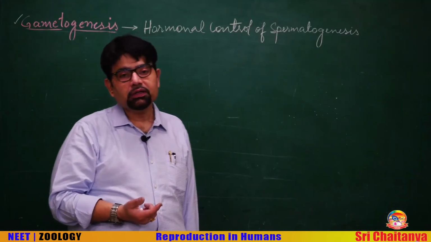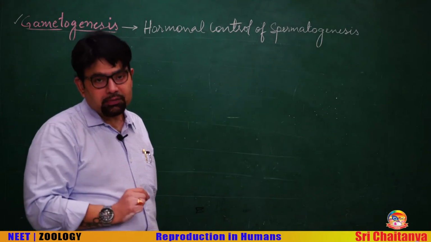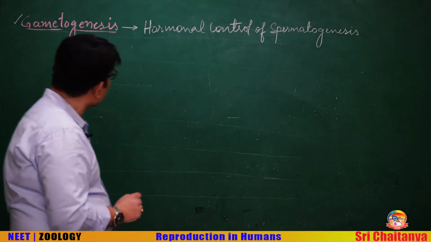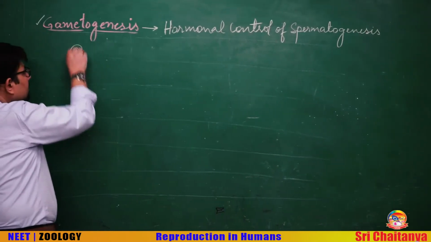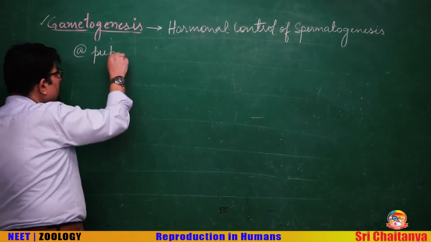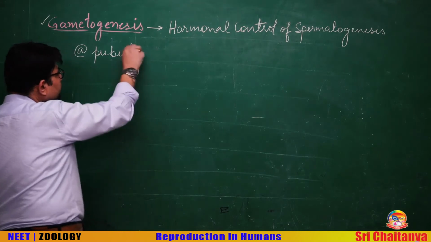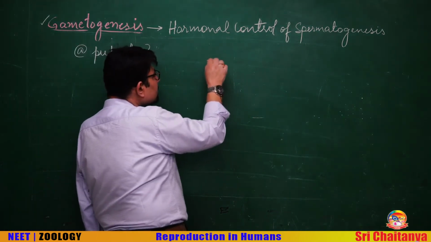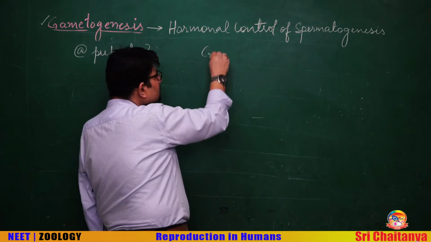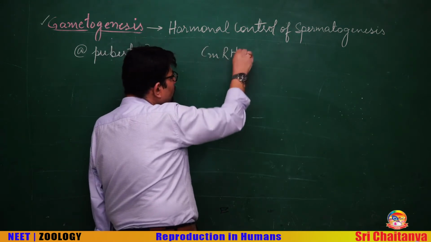Guys, very important: hormonal control of spermatogenesis. At what time does it begin? It begins at puberty. Why does it begin at puberty? Because there is a surge in the level of a hormone called GnRH. What is GnRH?